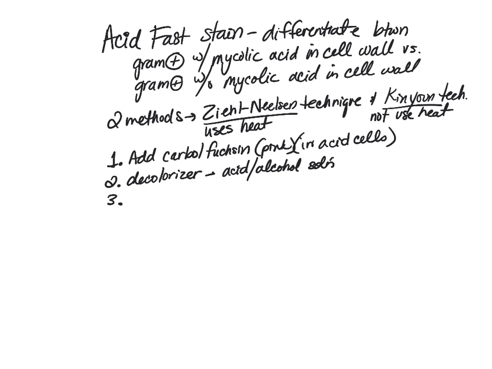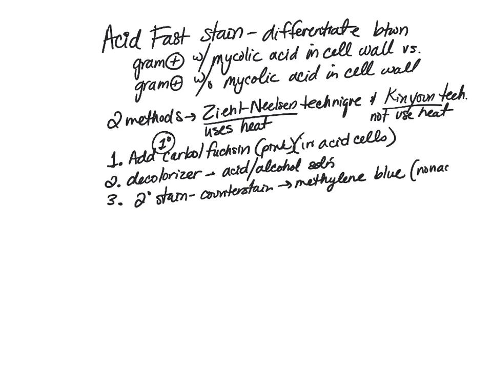And then we add our secondary stain, which is the counterstain. So our carbolfuchsin was our primary stain. Our secondary stain is our counterstain, and that's usually methylene blue. The methylene blue is going to stain all of those that were decolorized, which means those are our non-acid fast organisms.